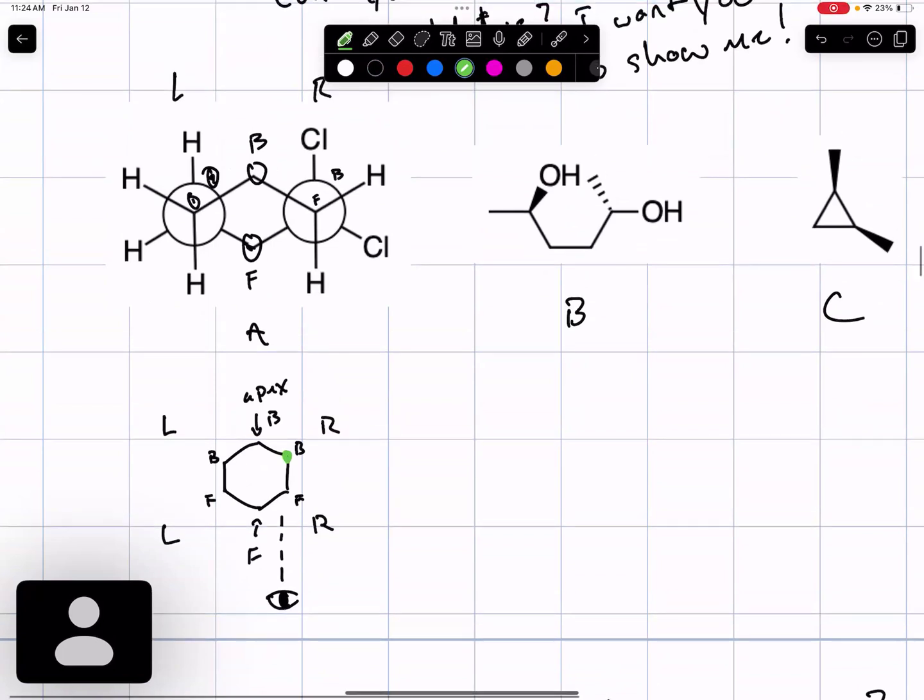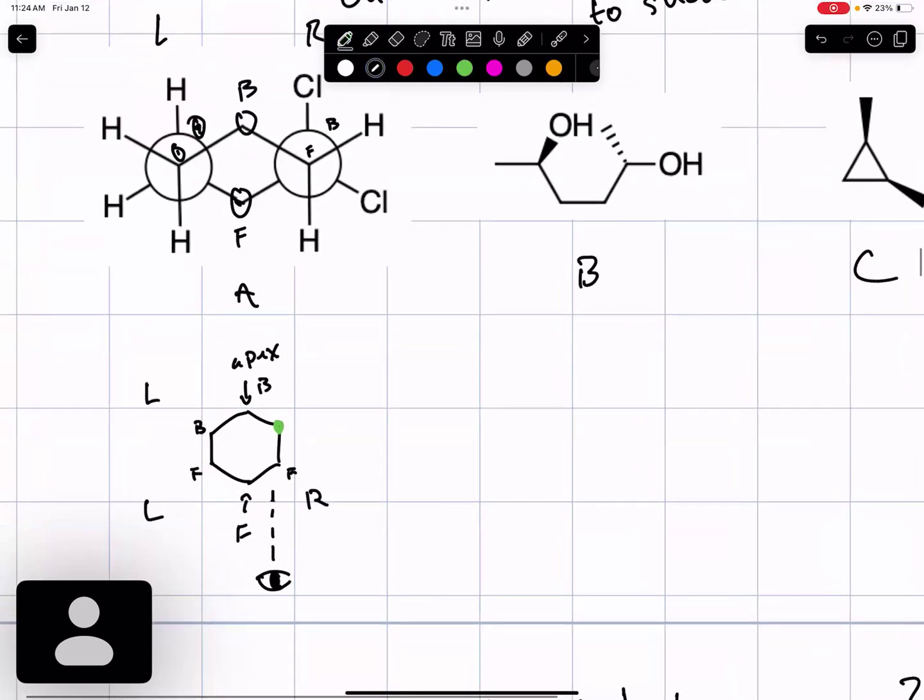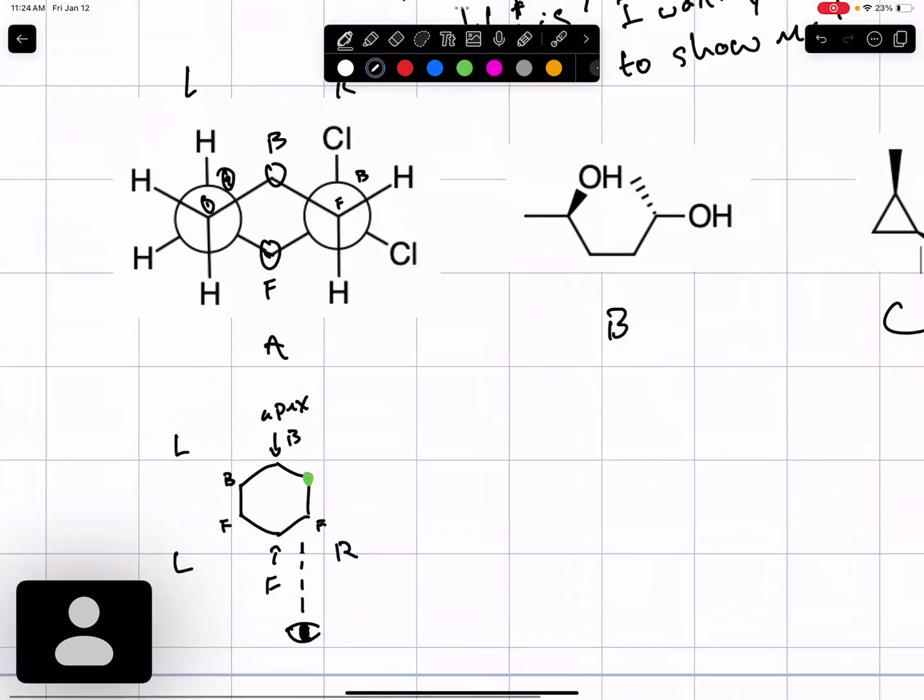What's on that back carbon in green? Look at the structure. Chlorine? Chlorine. How many chlorines?